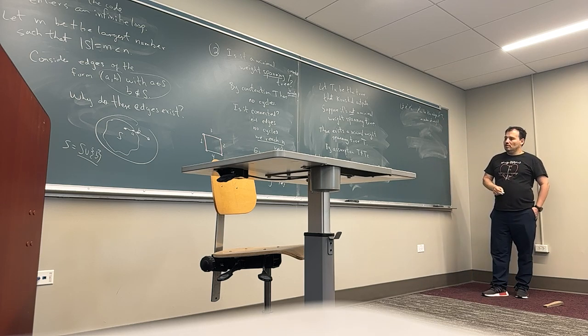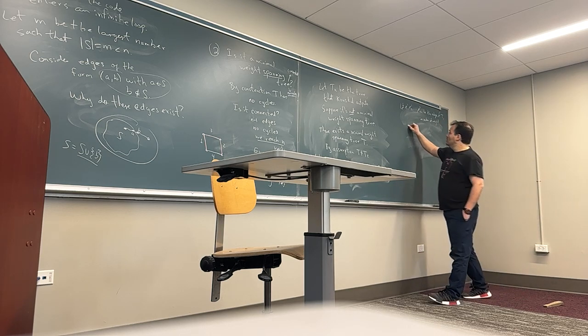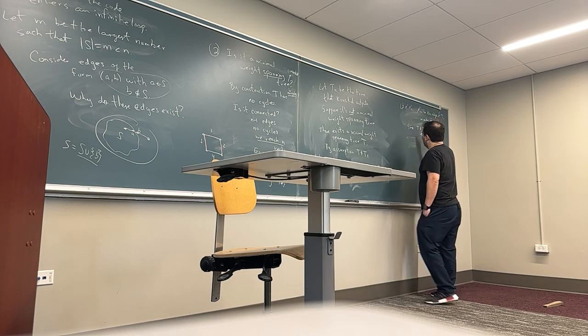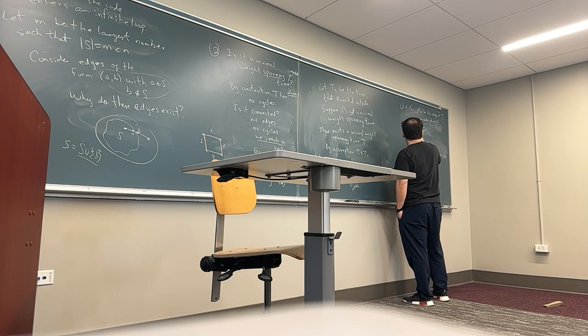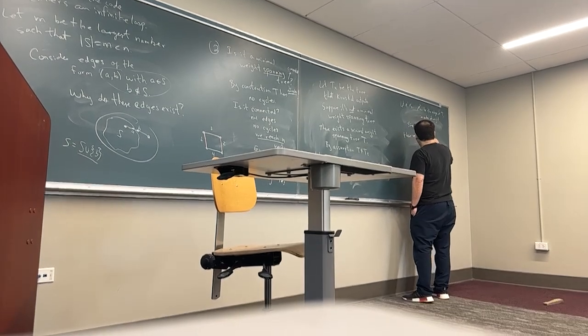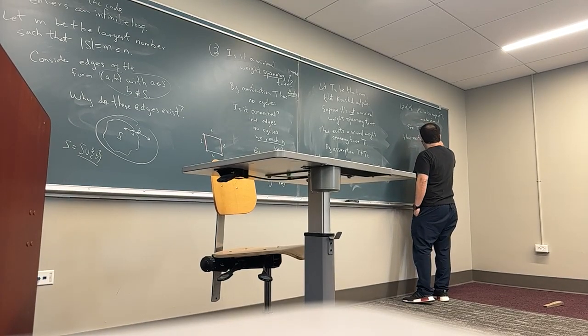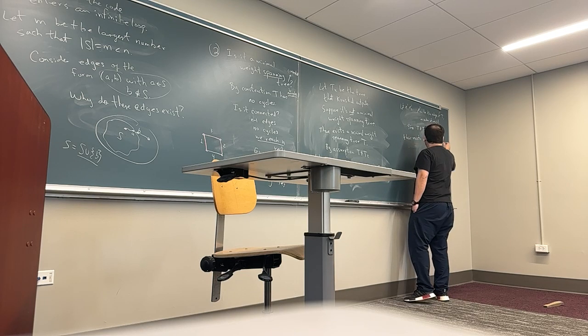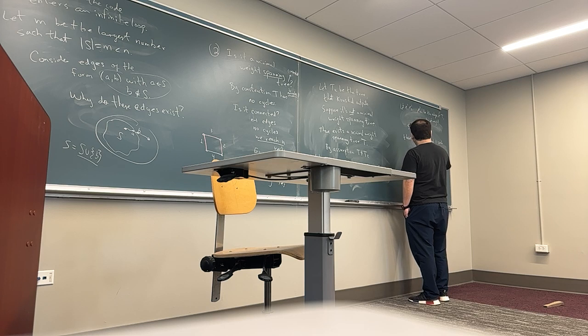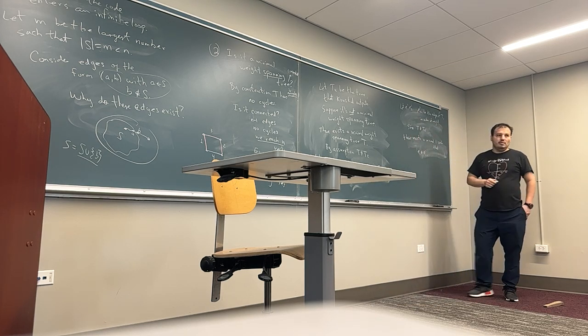All right, so since T is not the same as TK, there exists a minimal i such that Ei is not Ei prime, right?